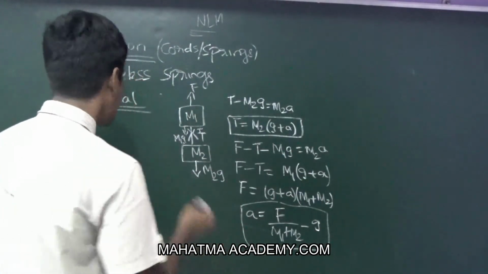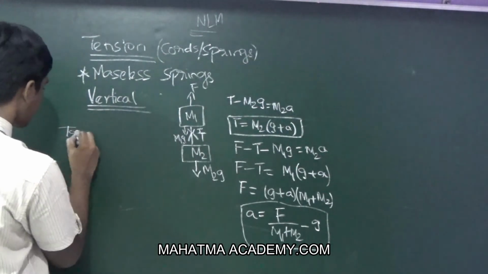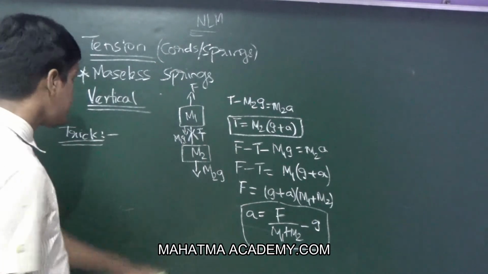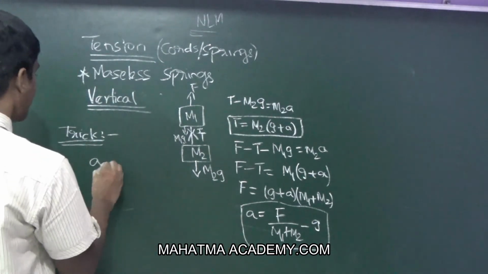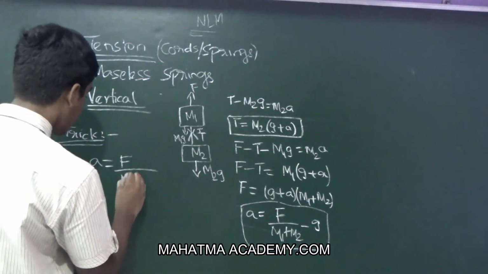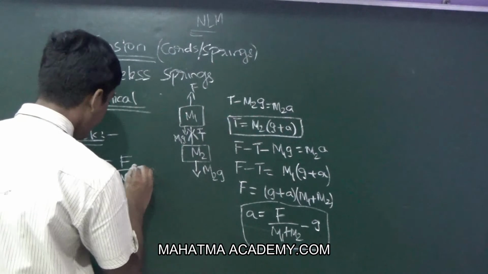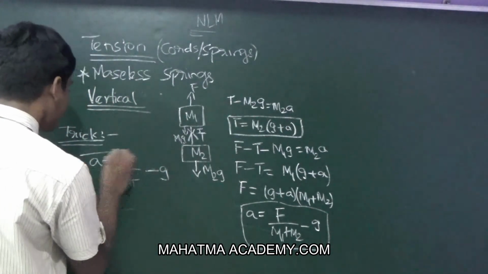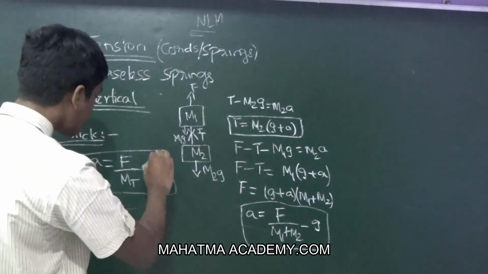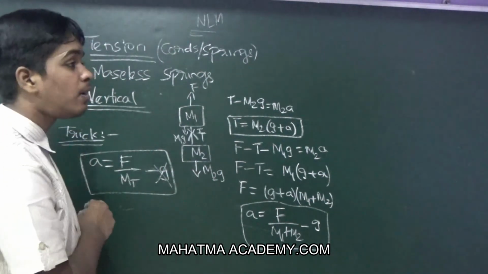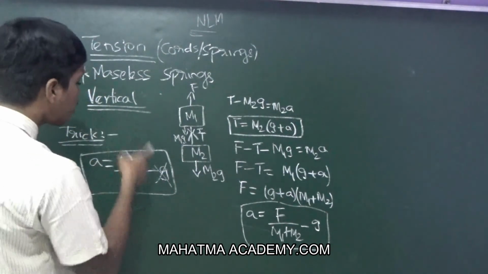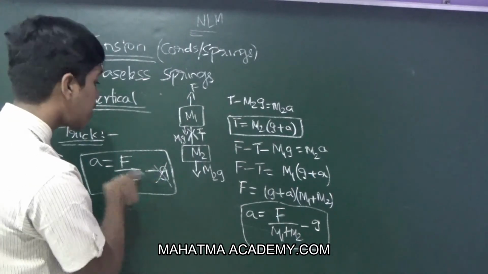And the trick is: if we want to find the acceleration, it is F upon total mass minus acceleration due to gravity. If we take horizontal, the G factor will be negligible. If we take vertical, we will consider the G factor.